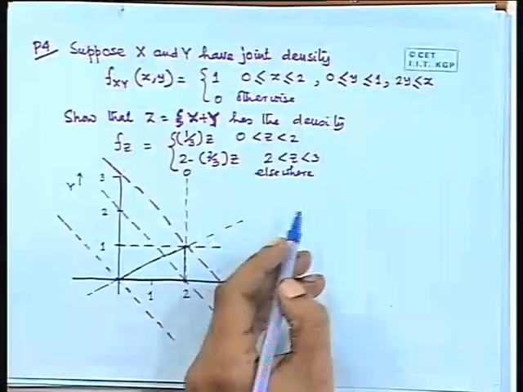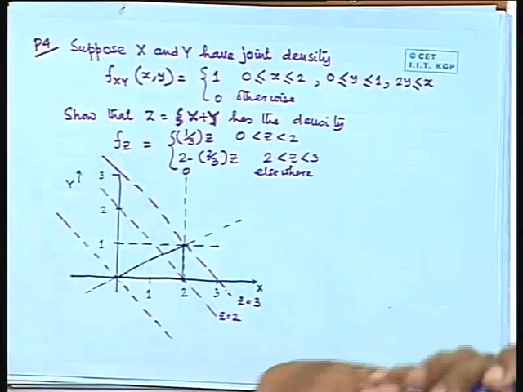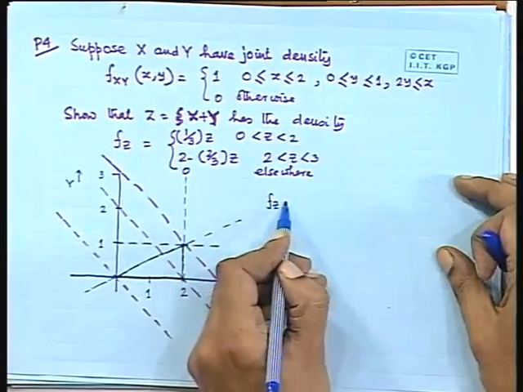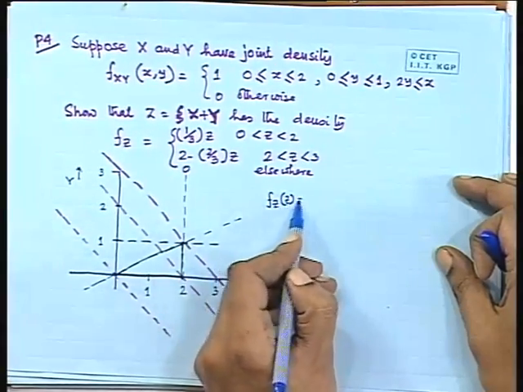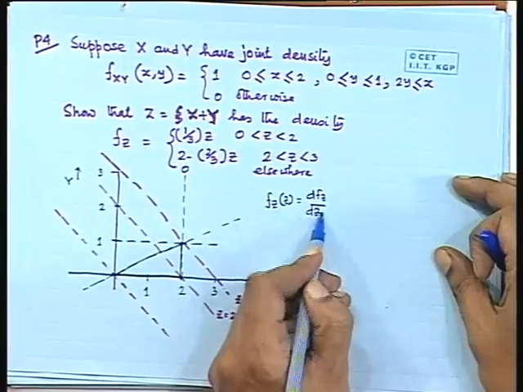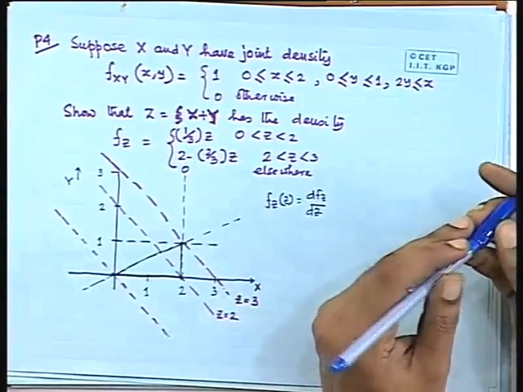So now the question is, we have to find out what is fz, right? So what is fz? Fz is dFz by dz, derivative of the distribution function.